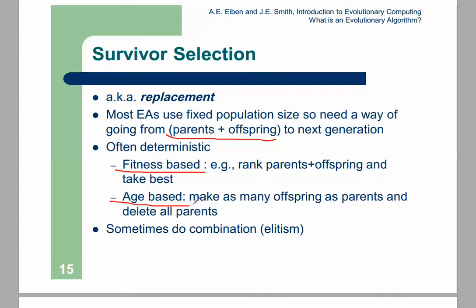In nature, it is age based because the older die and the younger survive for the next generation. But in the computer EA, it may be based on fitness or based on age. Sometimes it is based on fitness. Sometimes it is elitism. Elitism is selecting the best, the highest fitness individual, for the next generation.